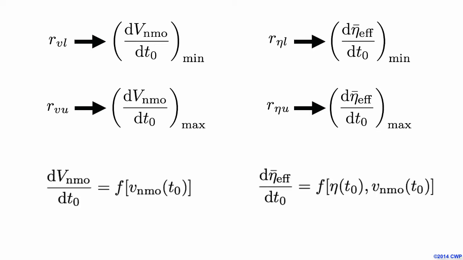Since we have analytic expressions for the effective VNMO and effective eta, we can use bounds on the interval parameters to determine what these derivatives are, and therefore determine what the bounds on the constraints in dynamic warping are. So this is really the key difference between our method and any other method that just kind of fits a curve through a semblance spectrum, because we're using real geophysical constraints to determine the bounds on how fast this curve can change, or how smooth this curve is.